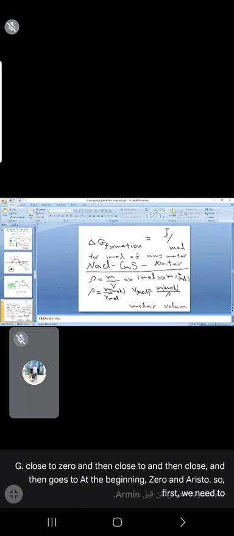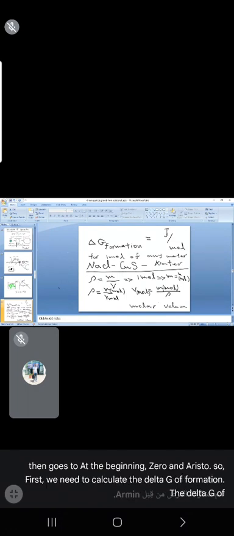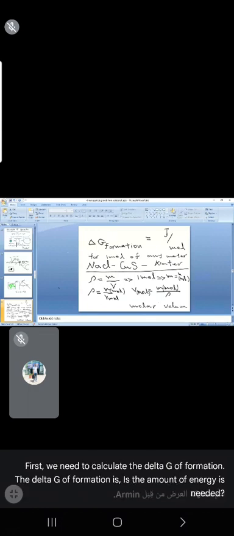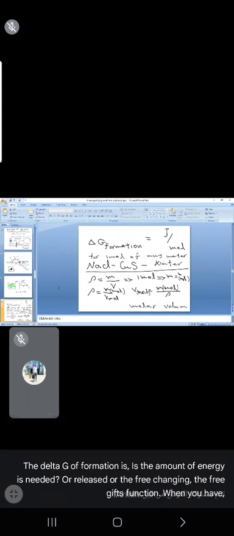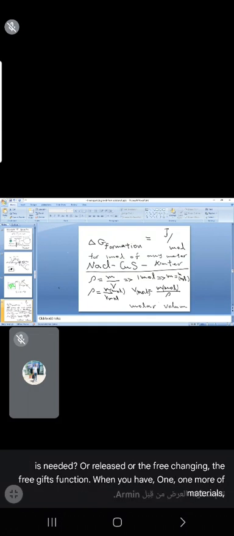So first we need to calculate the delta G of formation. The delta G of formation is the amount of energy needed or released, or the change in the Gibbs free energy, when you have one mole of material.